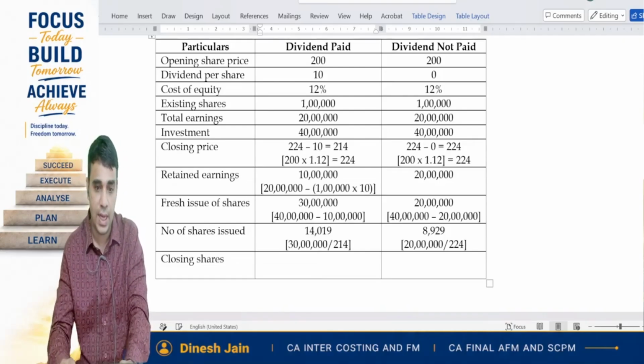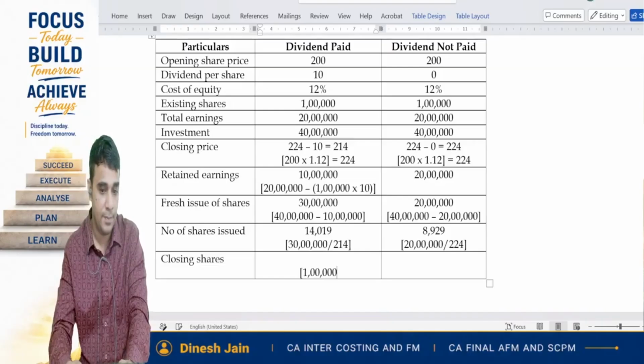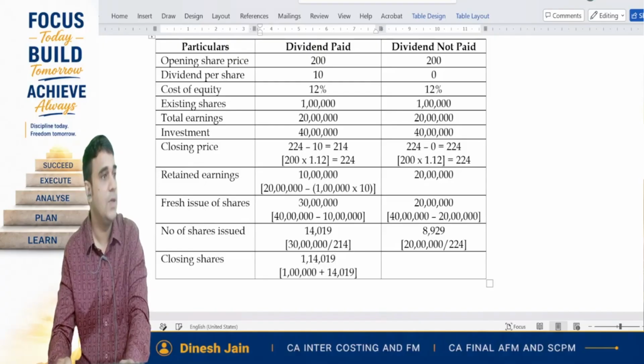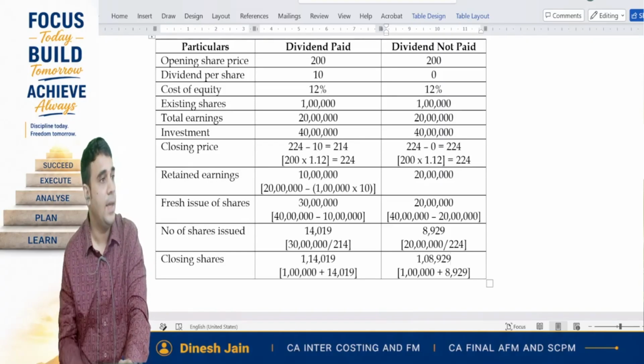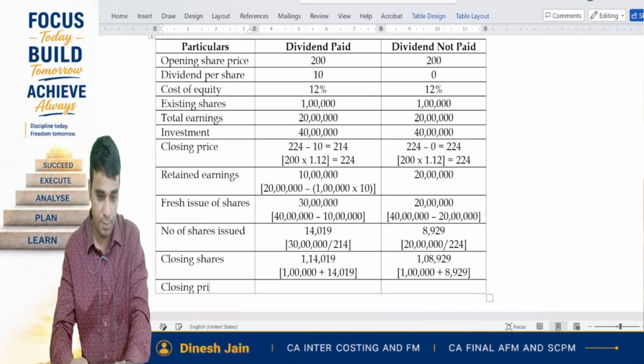So closing shares is 1 lakh plus 14,019, which is 114,019. On this side, 1 lakh plus 8929 is 108,929.